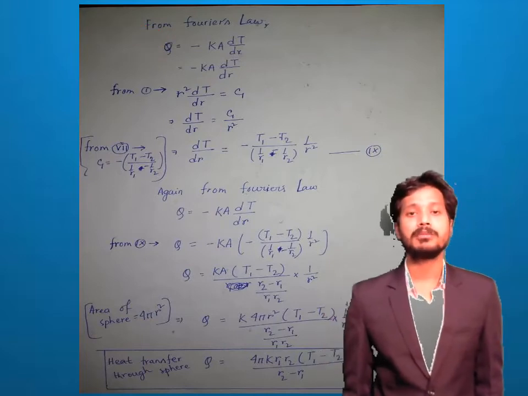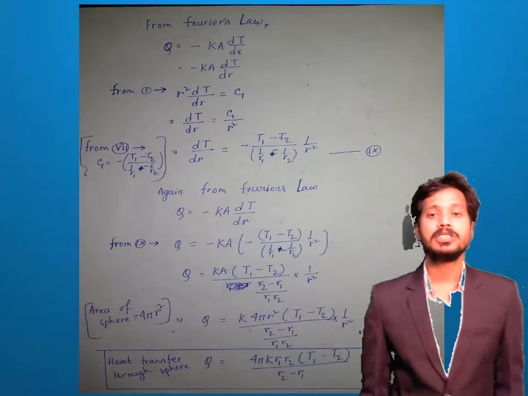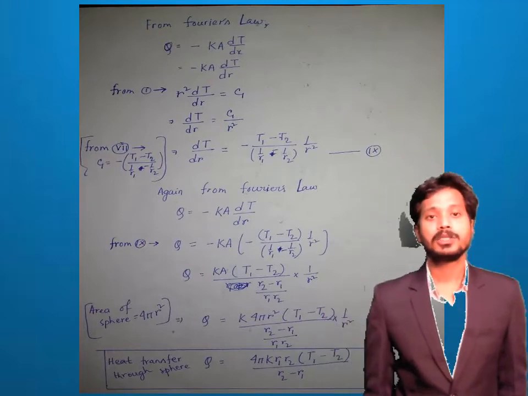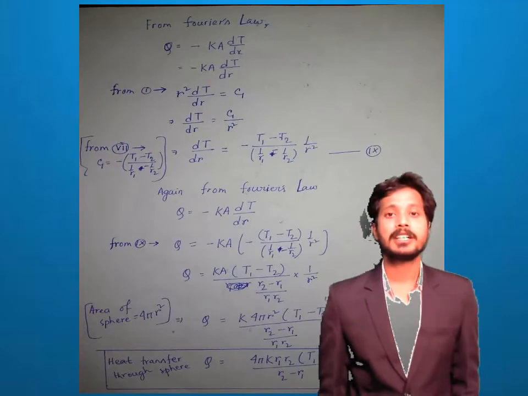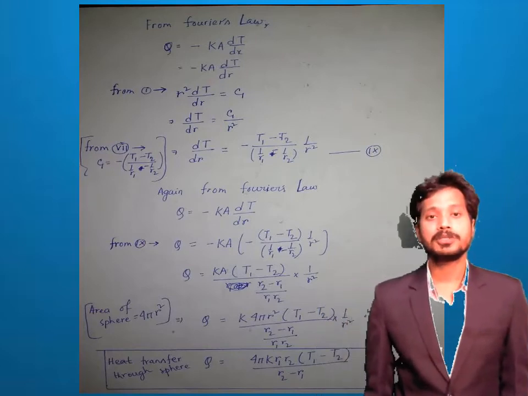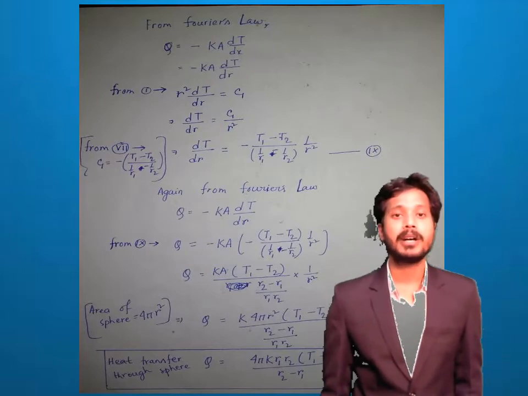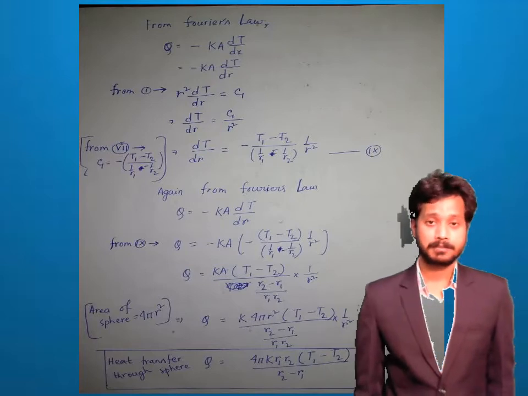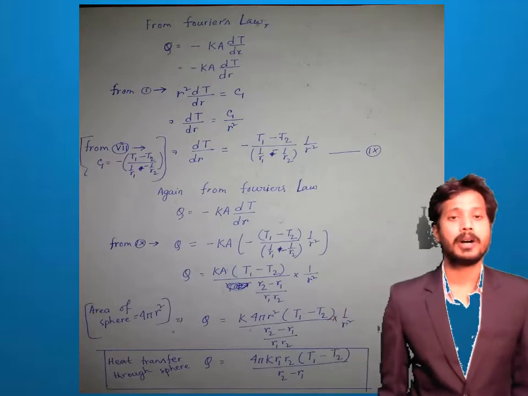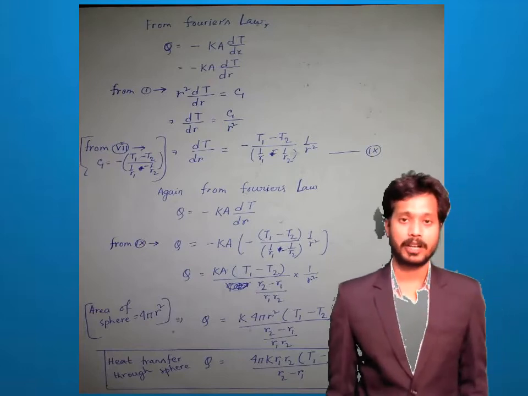From equation number 1, we can write R square into dT by dR equals C1. So dT by dR equals C1 by R square. Already we had the value of C1, so I'll just put the value of C1 here. We get dT by dR equals minus (T1 minus T2) by (1/R1 minus 1/R2) into 1 by R square.